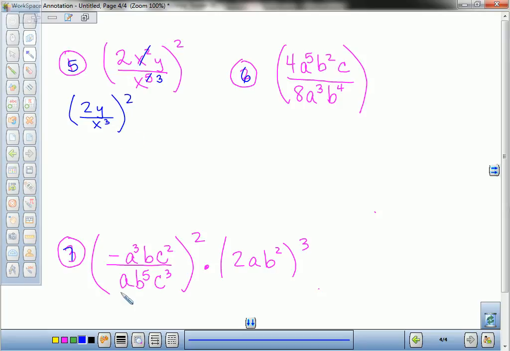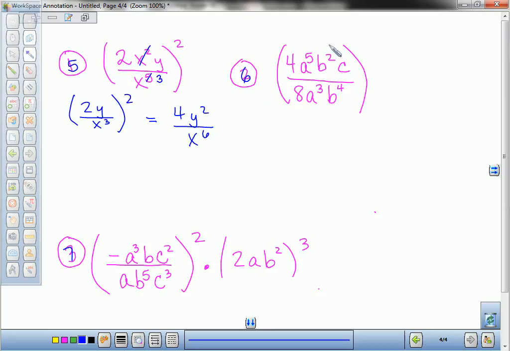So we simplify the inside, then we deal with the power. So the 2 gets squared and gives us 4. The y is squared, and the x cubed gets squared and gives us x to the 6th. All right, any questions on this problem, whether you numbered it 1 or 5?